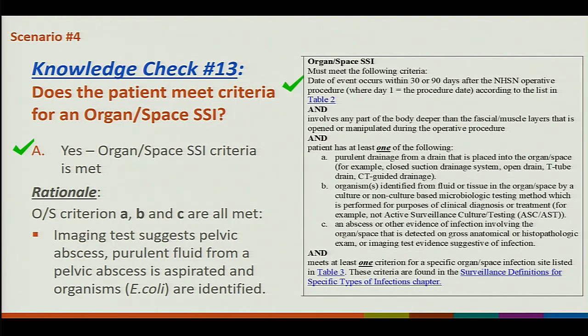The date of event occurred within 30 days of the HYST procedure, because HYST procedures have 30-day SSI surveillance periods, involves the organ space level, and actually, this meets A, B, and C. We have imaging tests that suggest a pelvic abscess. We have purulent fluid from a pelvic abscess that is aspirated, and we have organisms that are identified from this purulent fluid that was aspirated.